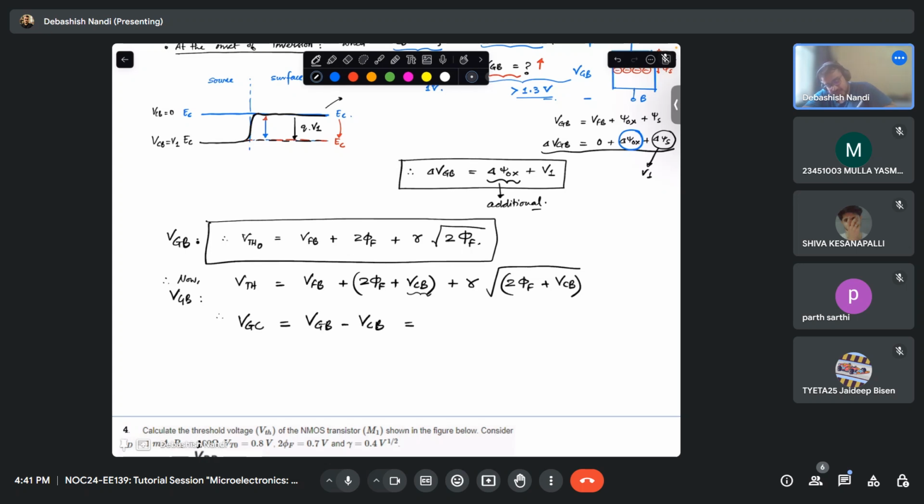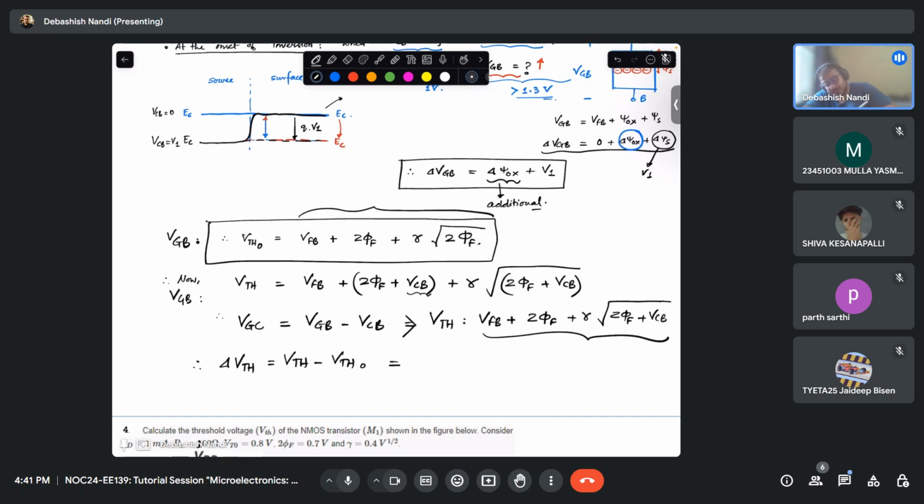So what is your threshold shift due to body effect? It is your VTH minus VTH0, that is this term minus this term. So it will be nothing but gamma times root over 2 phi f plus VCB minus root over 2 phi f.